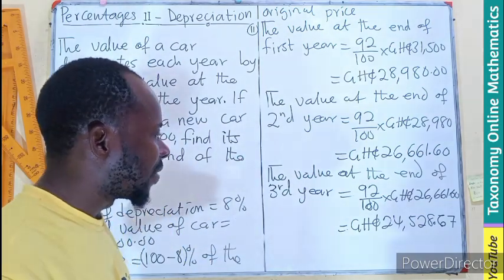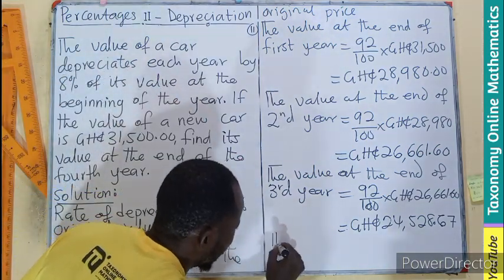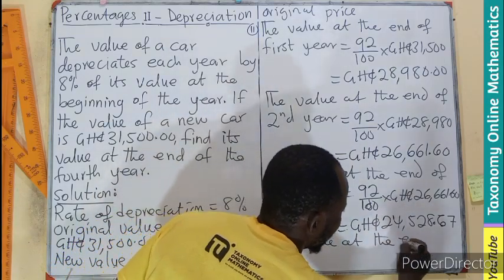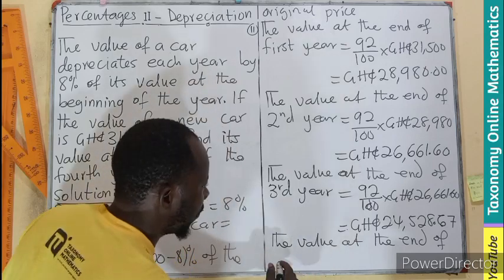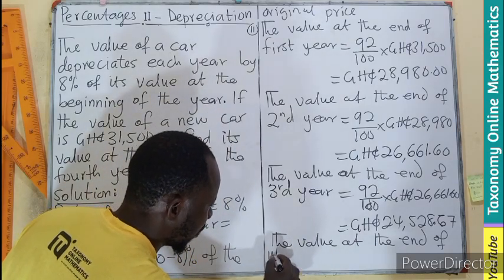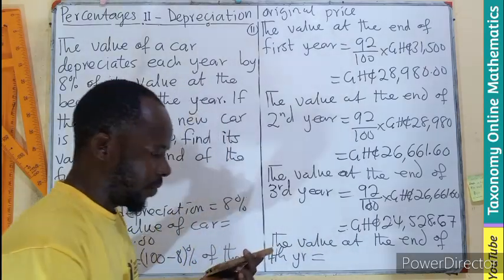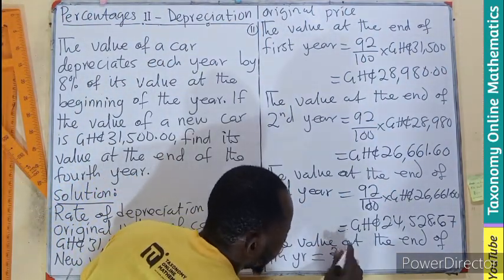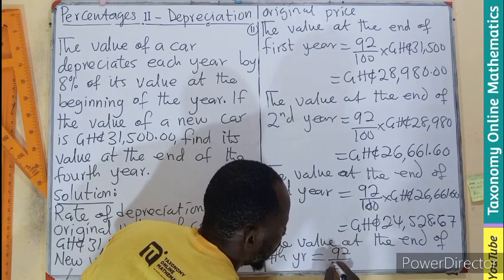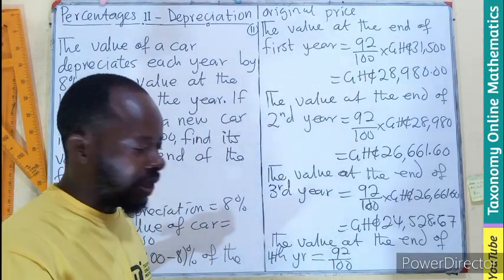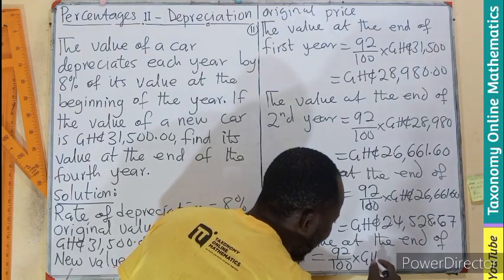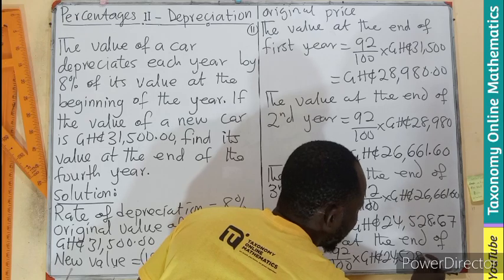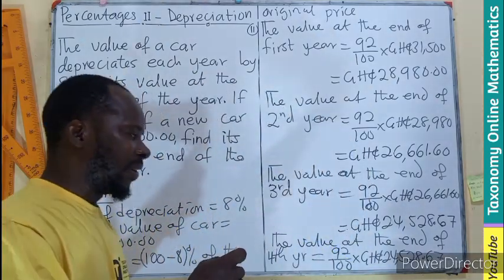We need the last calculation. So let's go to the value at the end of the fourth year, right? What will it be? It is still going to be 92%, right? So 92 over 100, then we multiply that value by the price in the third year, 24,528.67.